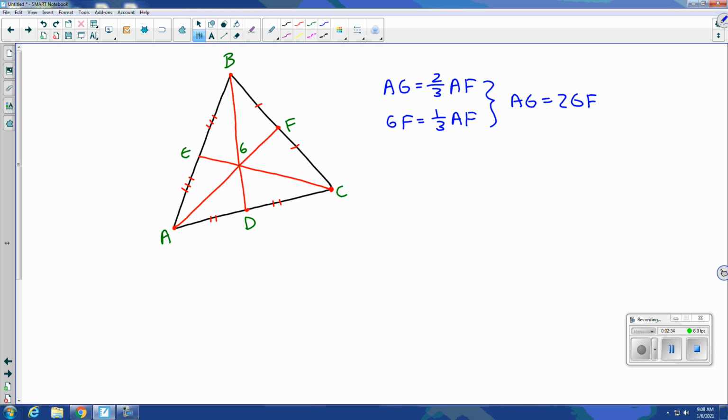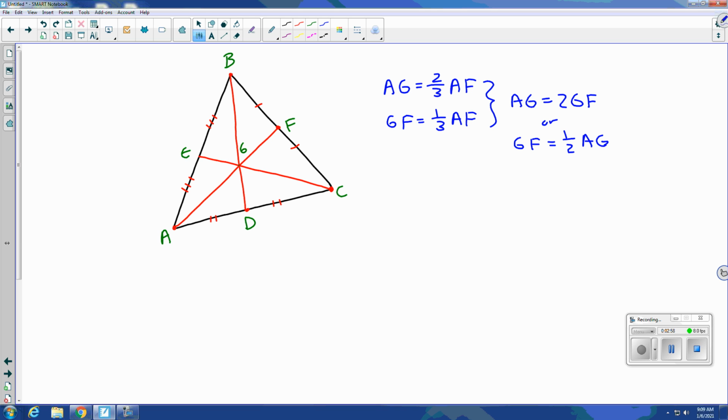Or another way to interpret that is that GF would be half the length of AG. So knowing these things would be a useful tool in a problem-solving question related to lengths of segments when we have a centroid available to us. So those are some distance relationships with a centroid.